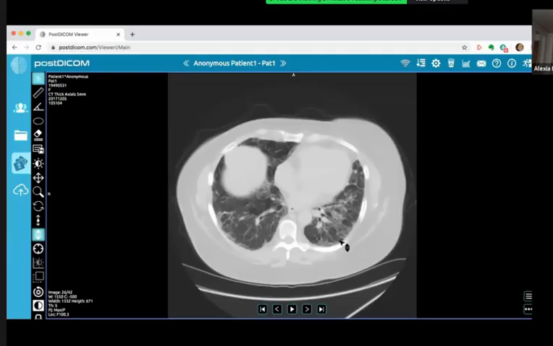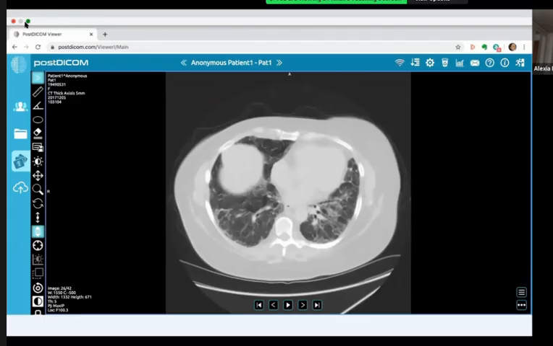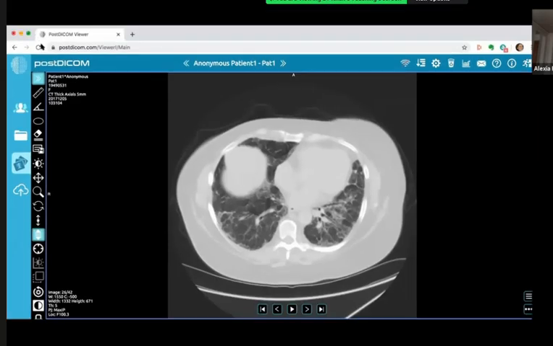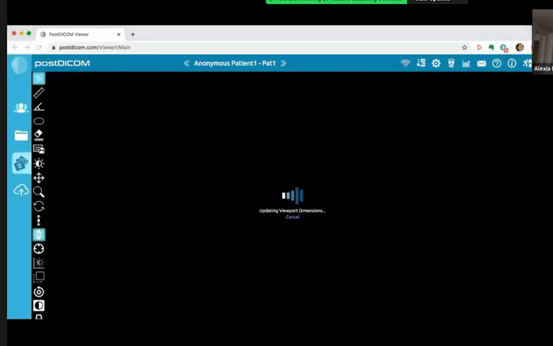So there's a mosaic attenuation pattern, and there's these three densities. Okay. Well done. So in this case, her breast surgery history was a red herring, really. It wasn't really relevant to the case as such. Let's go back to the PowerPoint.